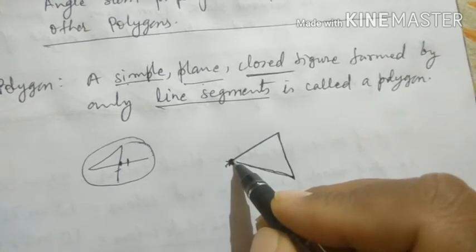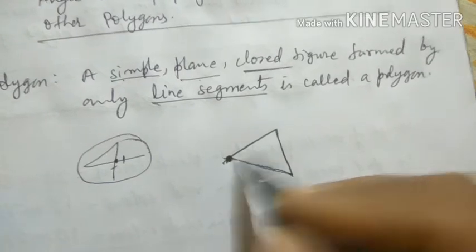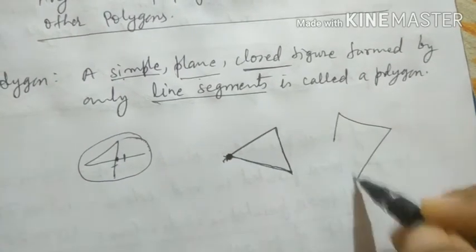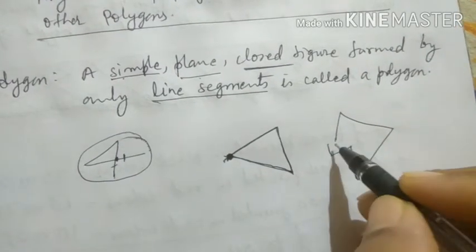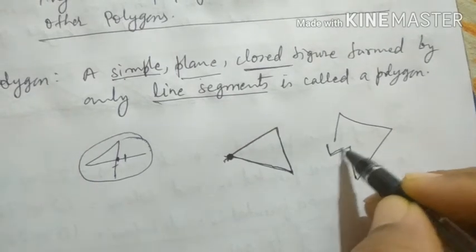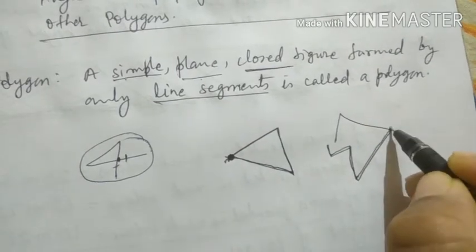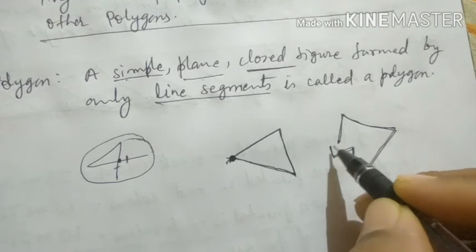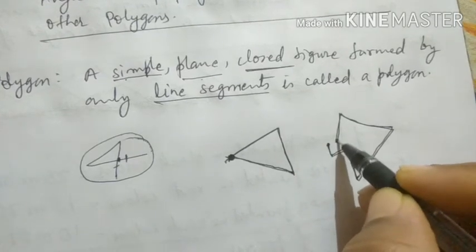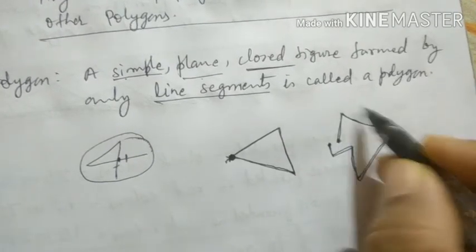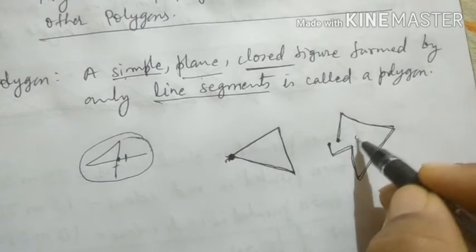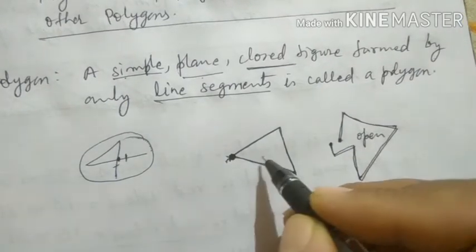That type of figure is called a closed figure. And this figure is not closed. Why not? If we start from here, this is the initial point and this is the final point, and both are different. So this figure is not closed, it is an open figure, and this is a closed figure.